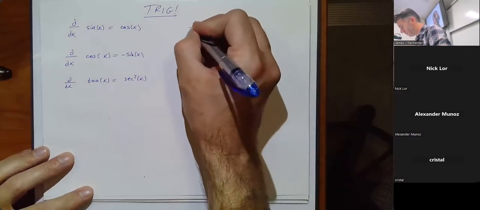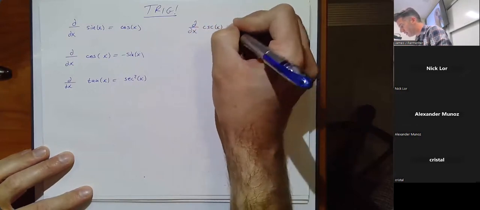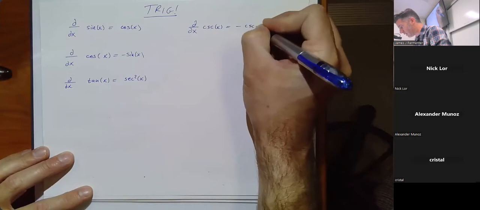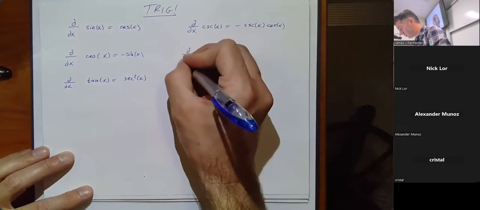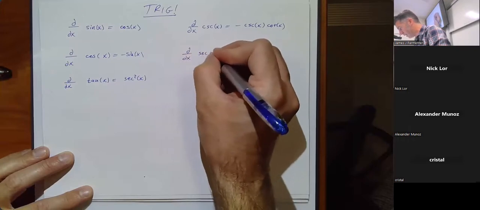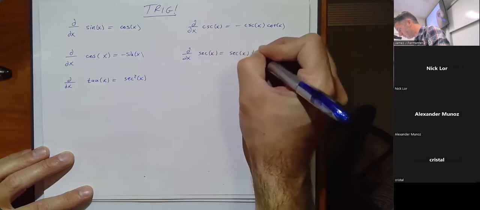So the derivative of the reciprocal of sine, which is cosecant of x, is negative cosecant of x times cotangent of x. The derivative of the reciprocal of cosine, which is secant of x, is equal to secant of x times tangent of x.